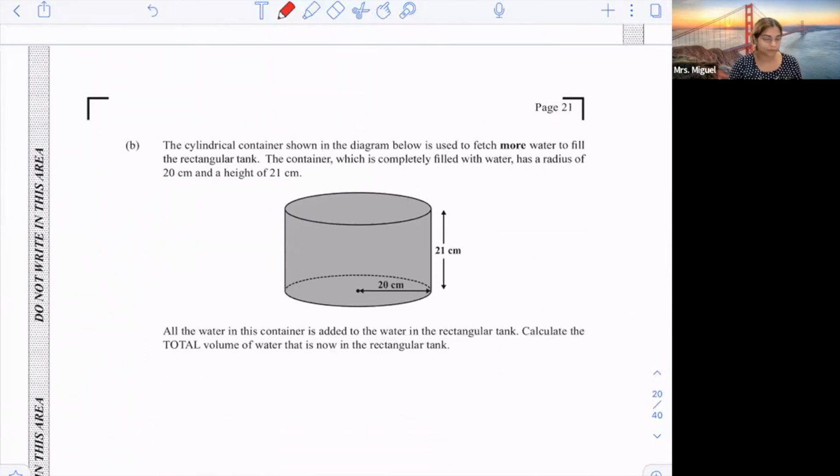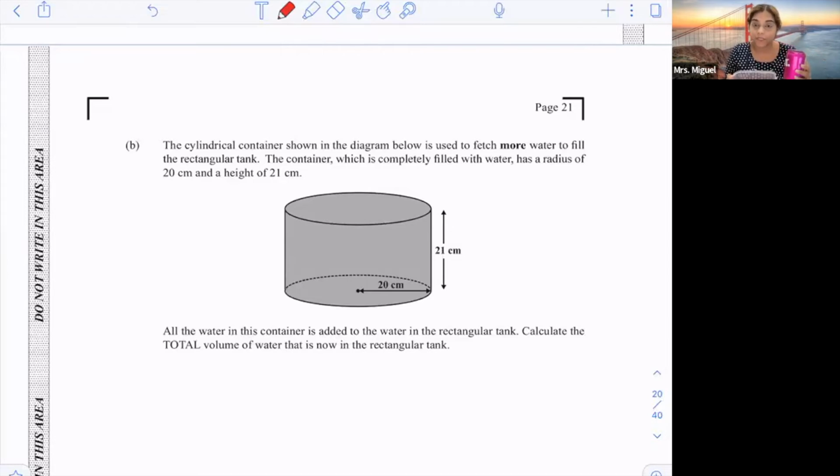I have my cylinder and I have my rectangular tank here. So this is used to fetch more water to pour it inside here, right? The cylindrical container is used to fetch more water to fill the rectangular container.